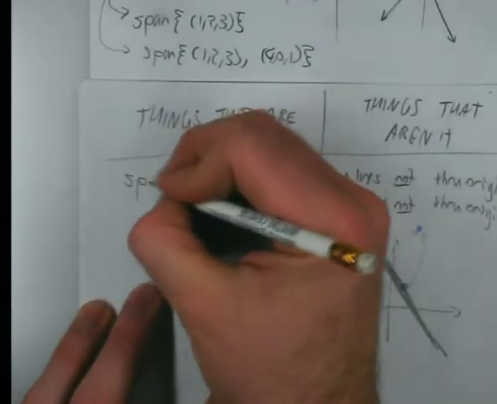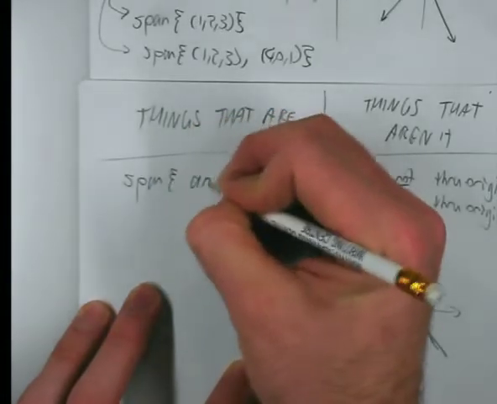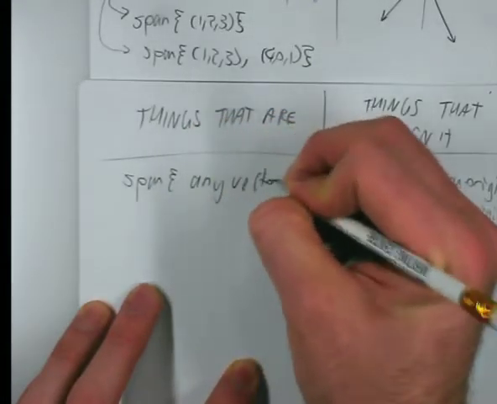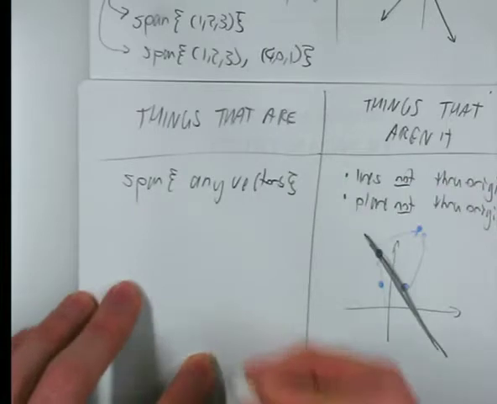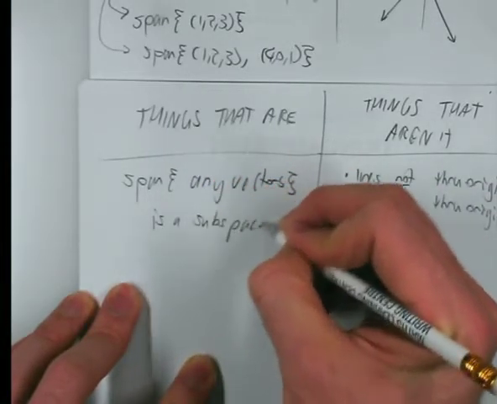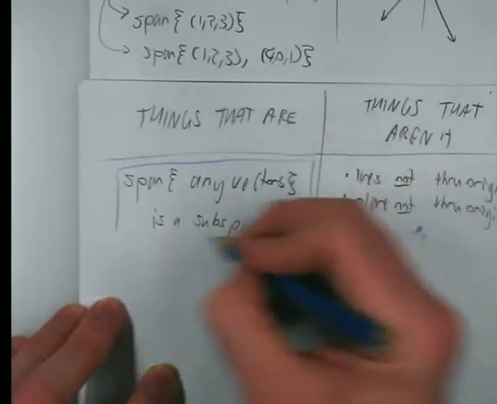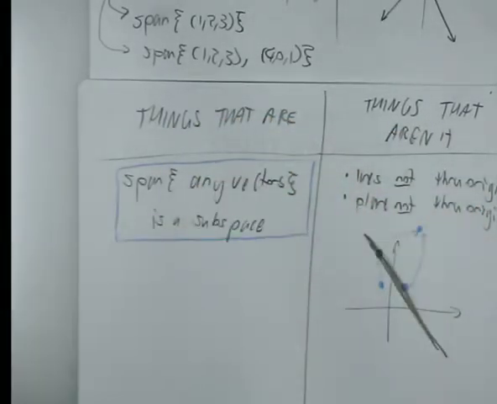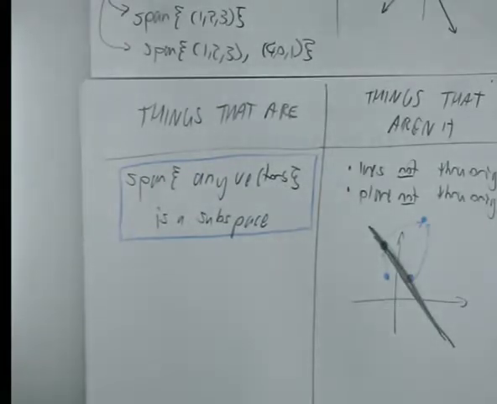So the span of any vectors is always a subspace. If you are able to rewrite it so that it is a span, then it's definitely a subspace.